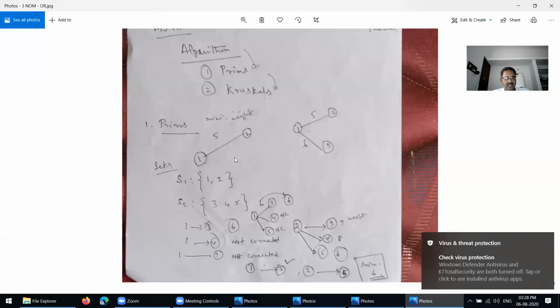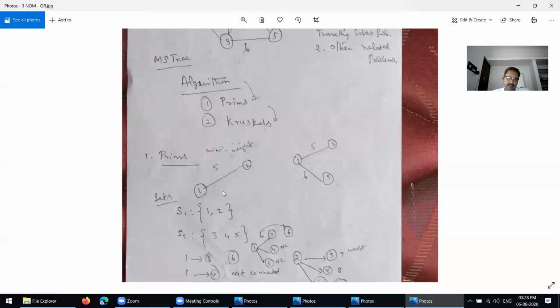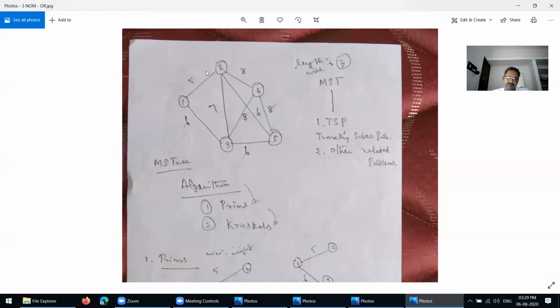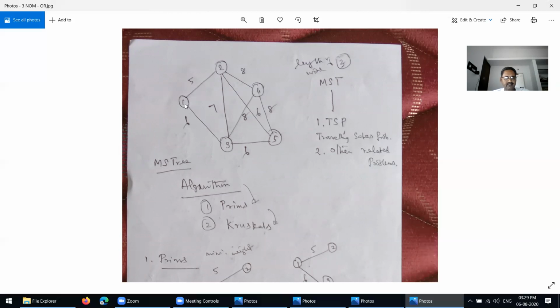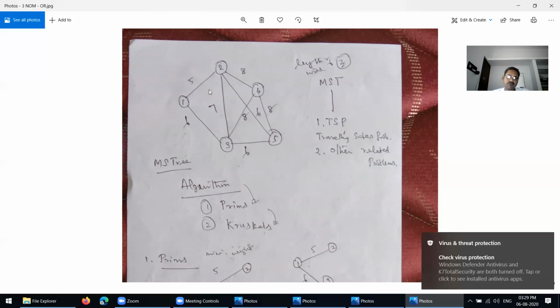Now you take it from the graph. Prim's rule is that we select the path having the lowest weight. Which one has the lowest weight? The tree 1 to 2 has the minimum weight, so that is why we take 1 to 2.